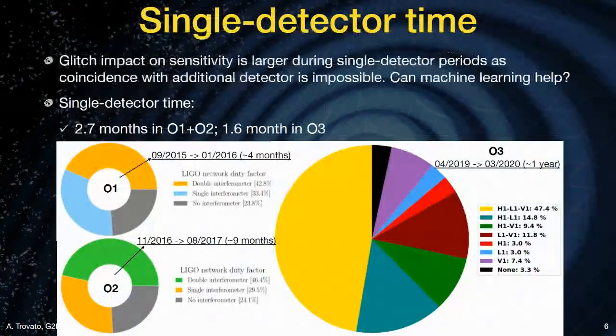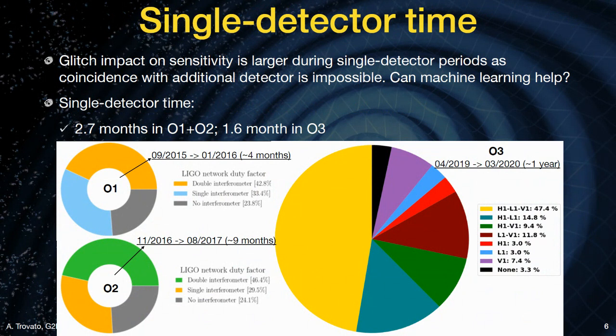Instead, what we want to do here is to solve the problem in the case when only one detector operates. Because in this case, the impact of the glitches on the sensitivity is large, because the coincidence that is usually used to remove the background is impossible.